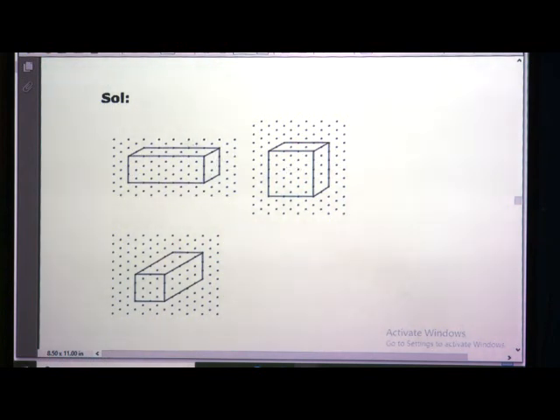Similarly, just interchange the measures, here will be 5 centimeters, 2 centimeters, and this will be 3 centimeters. You can see here 1, 2 and 3 dots, and here will be 2 dots, that is nothing but 2 centimeters, and here is 1, 2, 3, 4 and 5 dots.